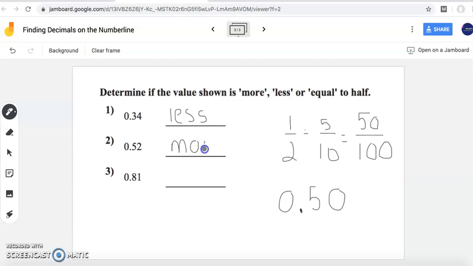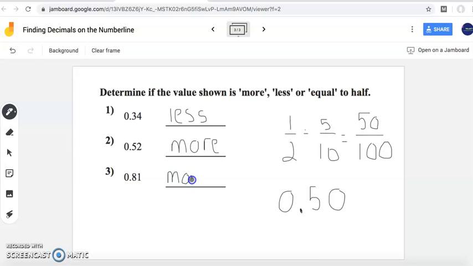And now I have 81 hundredths. 81 hundredths is much larger than 50 hundredths. Notice 81 is much larger than 50, so therefore 81 hundredths is much larger than 50 hundredths.